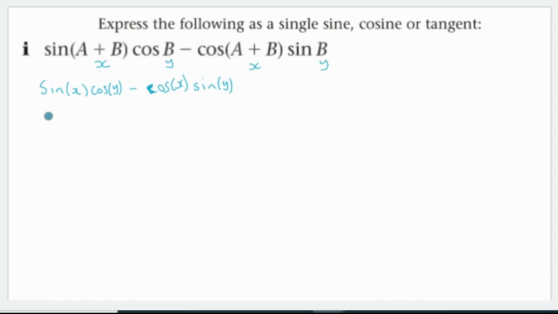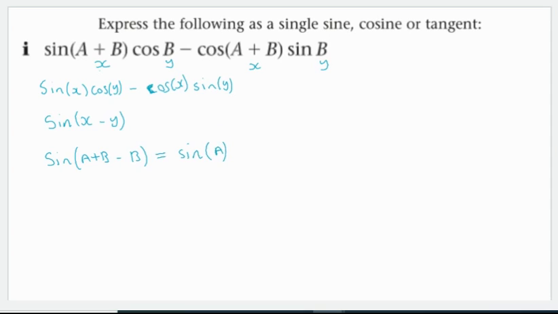And this is the expansion for sine of x minus y. So x was equal to a plus b. y was equal to b. So overall that simplifies to sine of a.